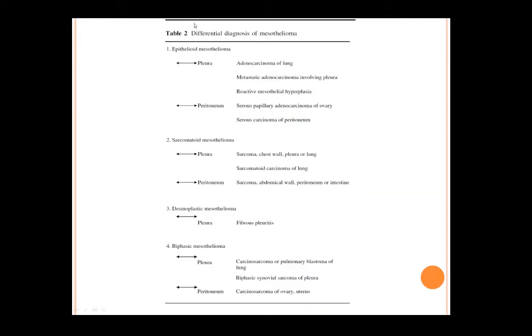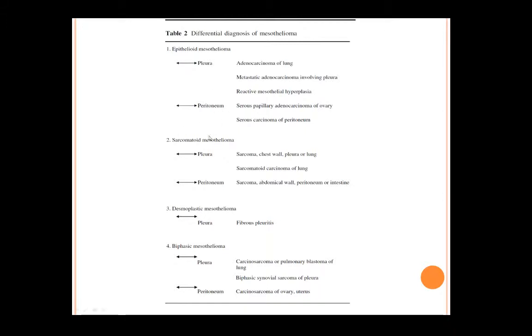So malignant mesothelioma is in the differential diagnosis of many kinds of metastatic adenocarcinomas and sarcomas, and this depends on the primary site of the tumor, whether it arises from pleura or pericardium, and also depends on the histologic subtypes of the tumor. For the tumors of the pleura, the most significant histologic differentials are metastatic adenocarcinomas of the lung and also metastatic adenocarcinomas from different primaries, including carcinomas of the kidney, GI, or breast, or any other primaries.